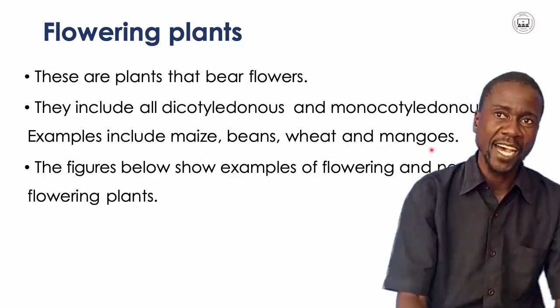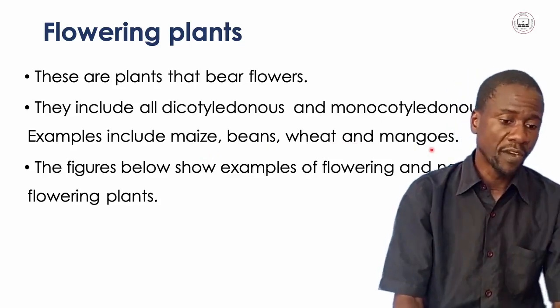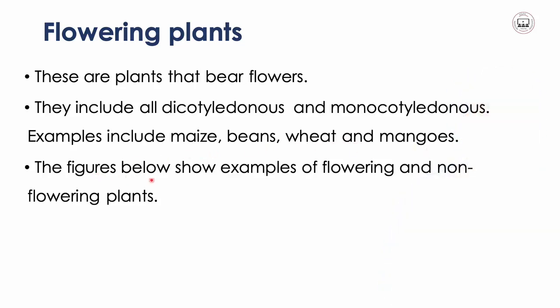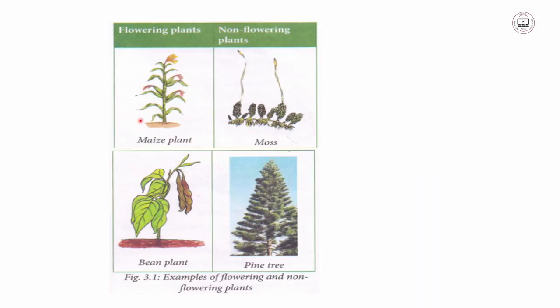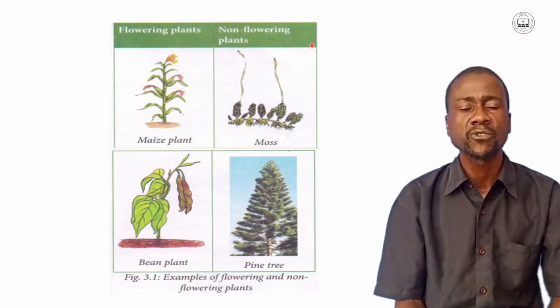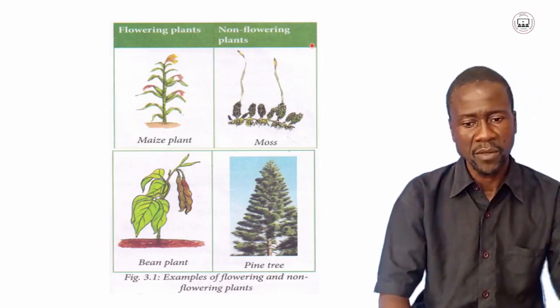There are a lot of flowering plants in our environment. The figure below shows examples of flowering and non-flowering plants. In this column I have the flowering plants, and here I have non-flowering plants. These are just very few examples to show what are flowering and what are non-flowering plants.